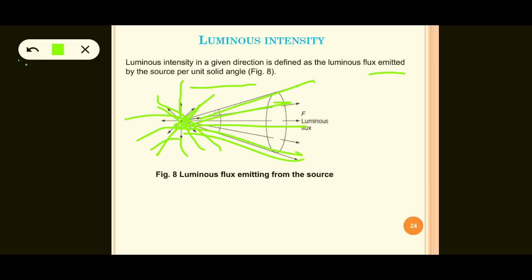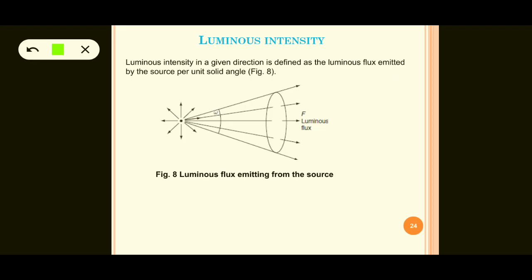So these are the luminous flux emitted by the source per unit solid angle. So here F is the luminous flux. So these are the flux.